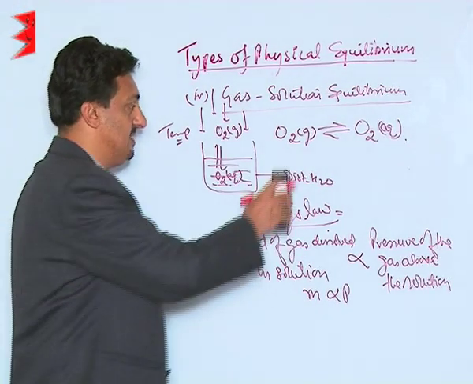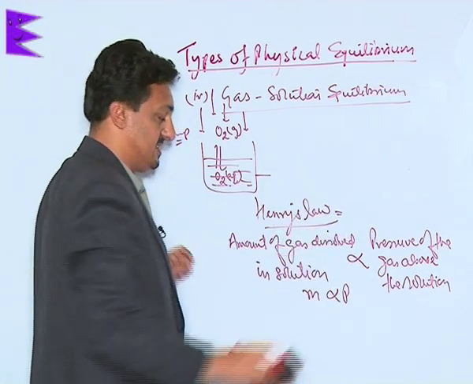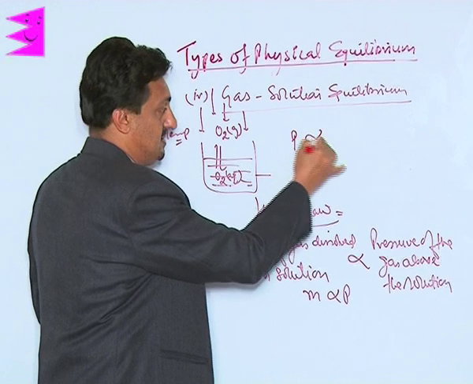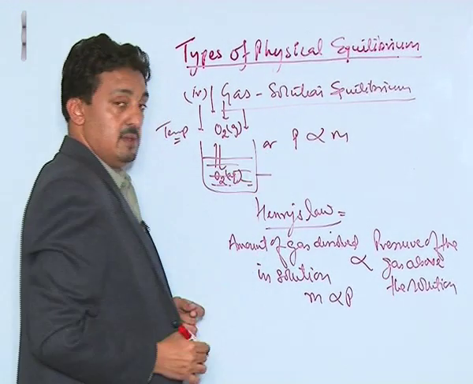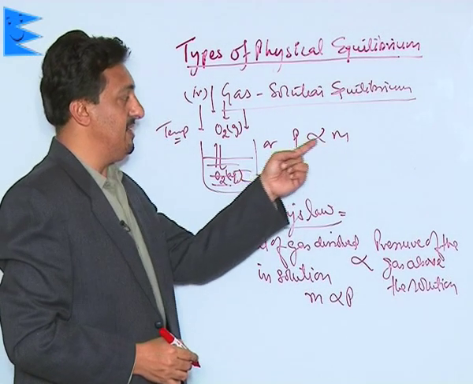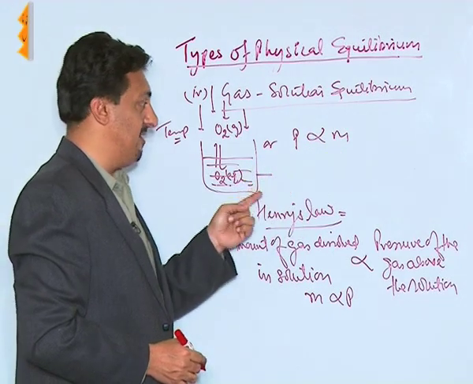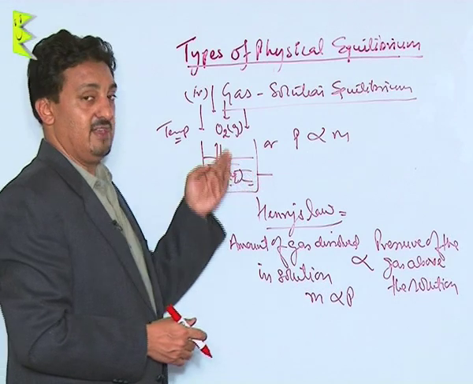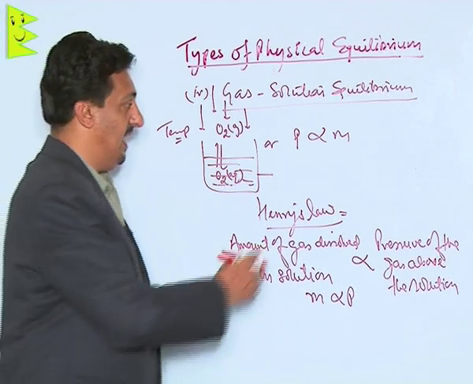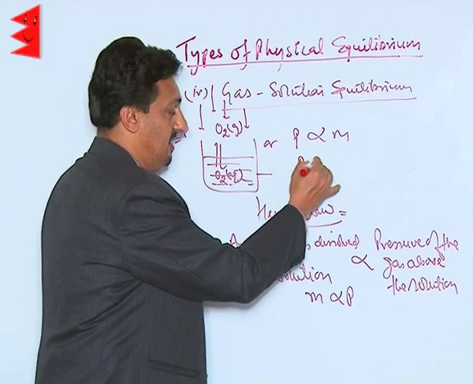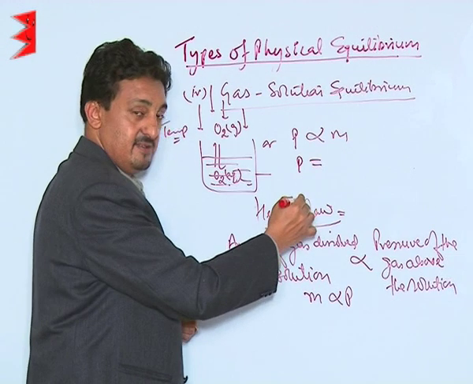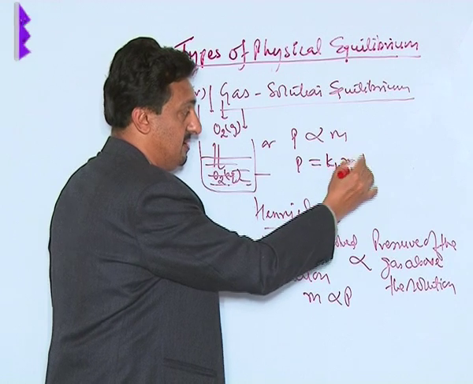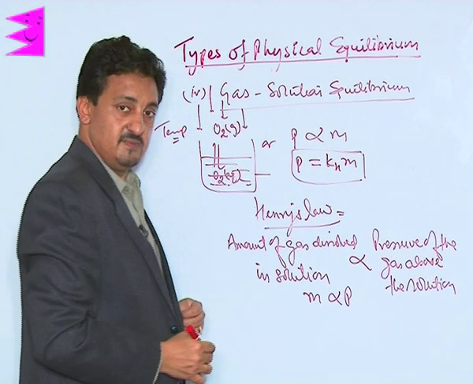What we normally do in this case is change this proportionality like this. Now the amount of the gas in the solution is proportional to the pressure of the gas above the solution, and this proportionality constant is denoted by a constant called KH.